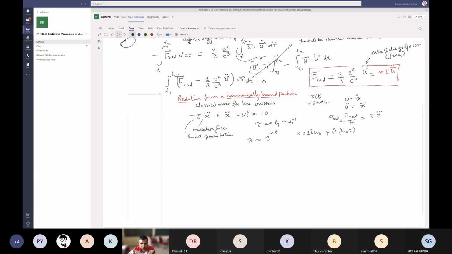So basically you have simple harmonic motion, but with a small perturbation due to this. So this x triple dot can be approximated as minus omega naught squared x dot, because the time variation of x is essentially e to the plus minus i omega naught.